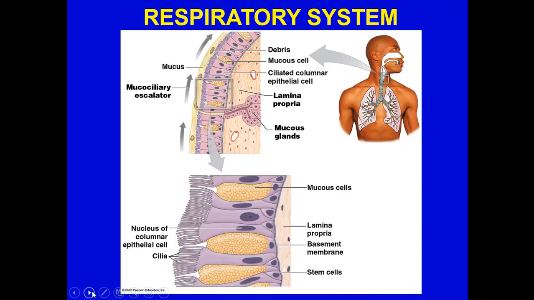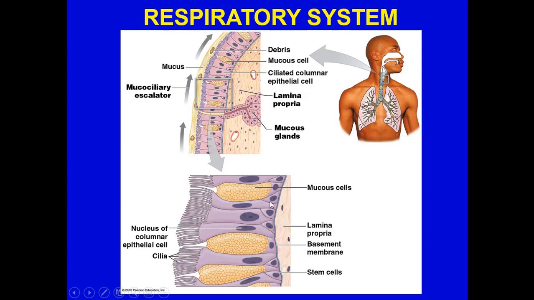Okay. So you'll see this here. Here is the mucociliary escalator. Here's the mucus. Now these are mucus cells. We would call them goblet cells. Here is, of course, your ciliated columnar epithelial cells. Okay. They look pseudostratified. They are not.